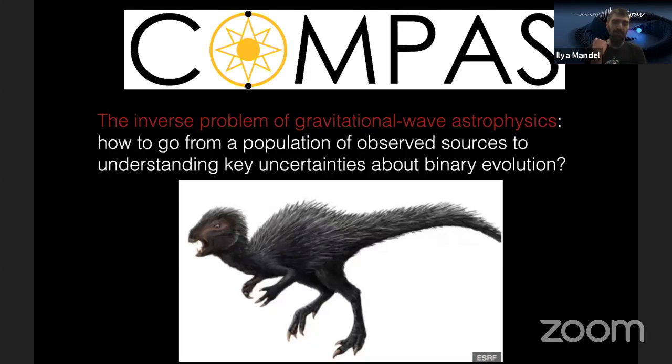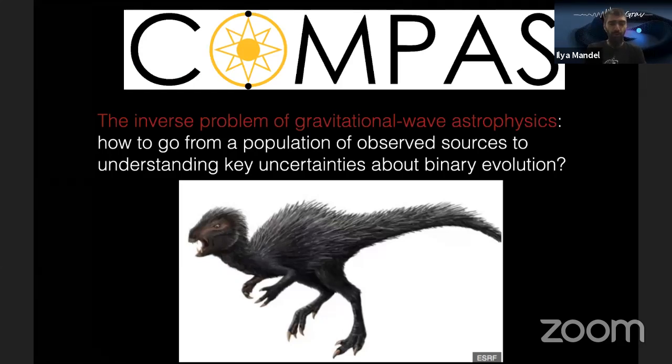So this COMPASS project that Shurov mentioned in the introduction is an effort to try to solve the inverse problem of gravitational wave astrophysics. So what I would like to do, and many of my collaborators would like to do, is to use gravitational wave observations as a tool to better understand stellar evolution and binary evolution and dynamics.